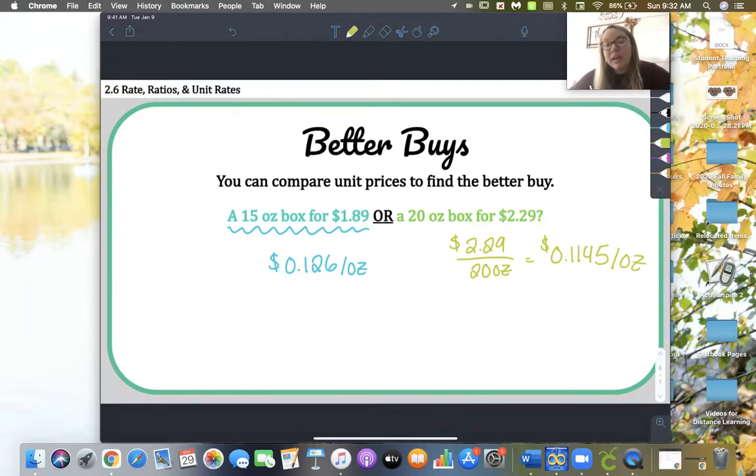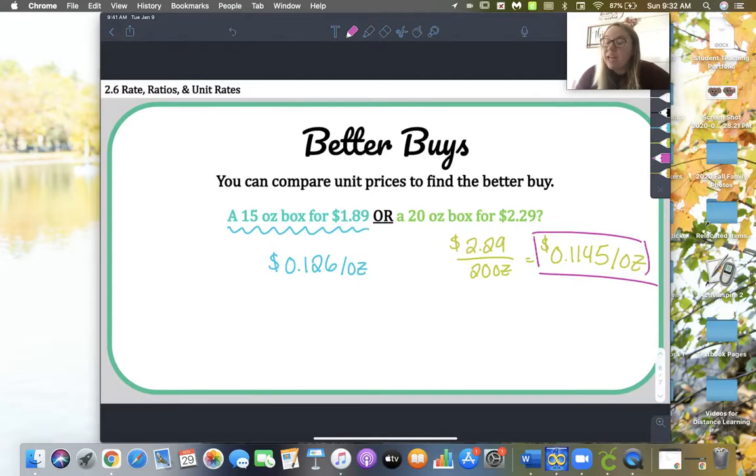Looking here, it looks like buying the 20-ounce box for $2.29 is the better deal because you're paying a cheaper cost per unit. The 20-ounce box is around 11 cents, and the 15-ounce is around 12 cents per ounce. So it's a little bit cheaper.